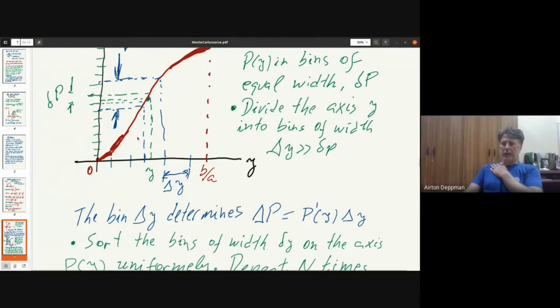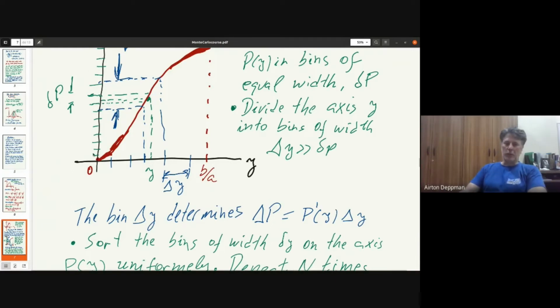So we can calculate the number of bins by dividing this number by delta p. So we have the number of bins equal to P prime at the point y multiplied by delta y divided by small delta p. This is the number of bins that we will have here.